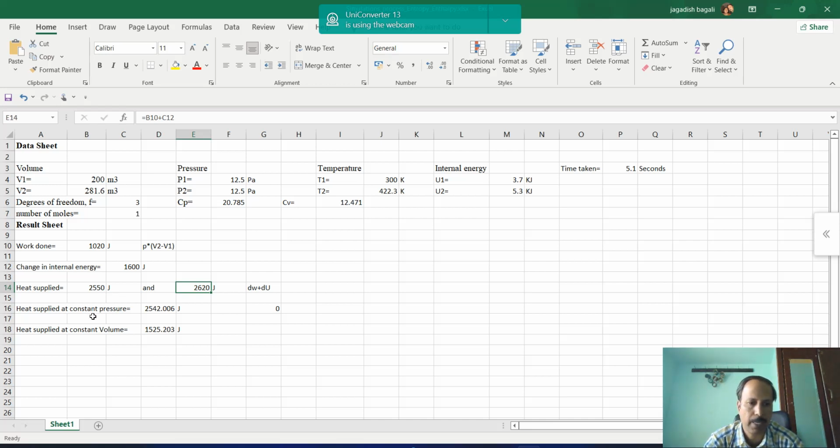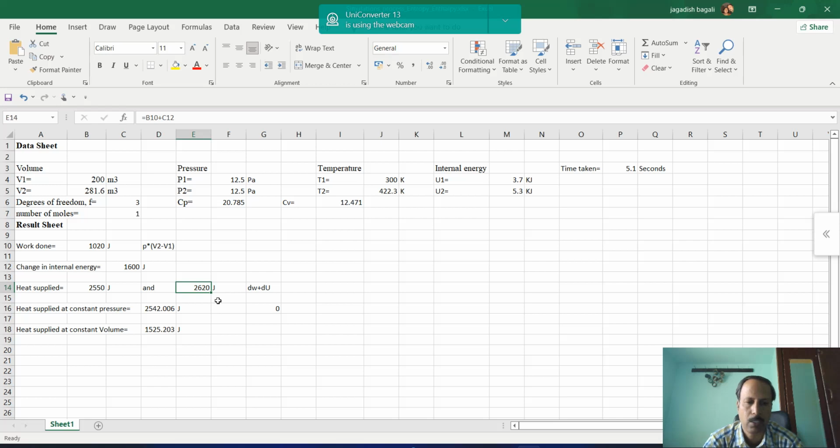So heat supplied at constant pressure is the enthalpy, which is equal to the heat supplied, which is equal to the sum of work done and the change in internal energy. In this way we can find out the change in enthalpy in a constant pressure process. Similarly, we can find the change in enthalpy during a constant volume process.